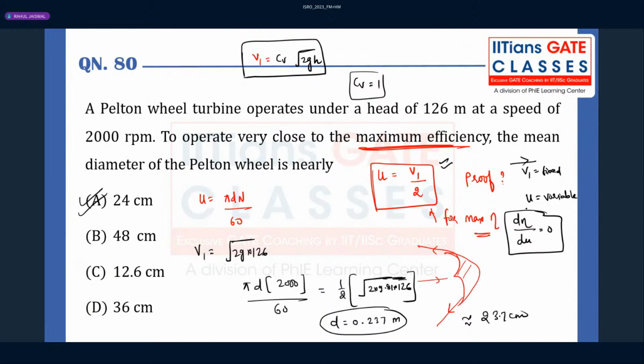Whenever we differentiate, it is with respect to the variable parameter, not the fixed parameter. No doubt. Okay, thank you.